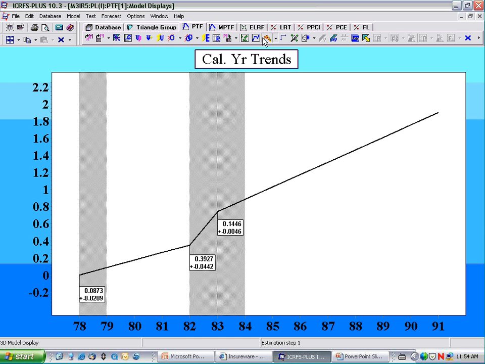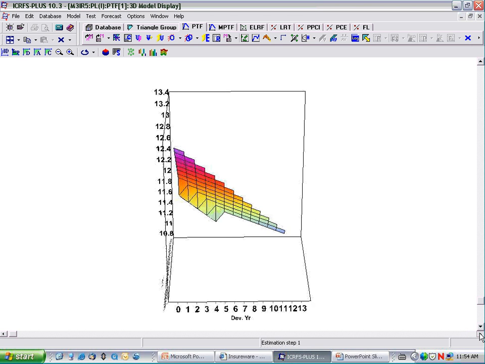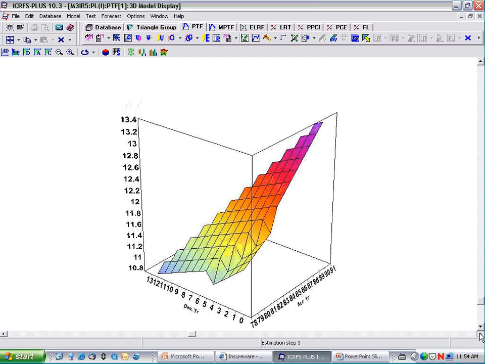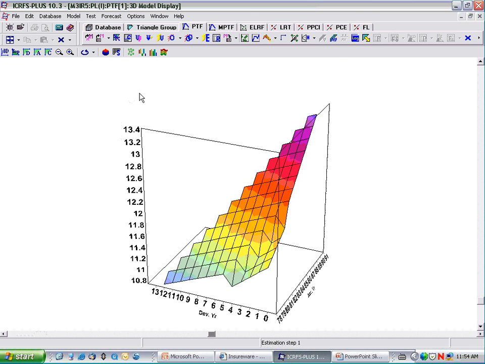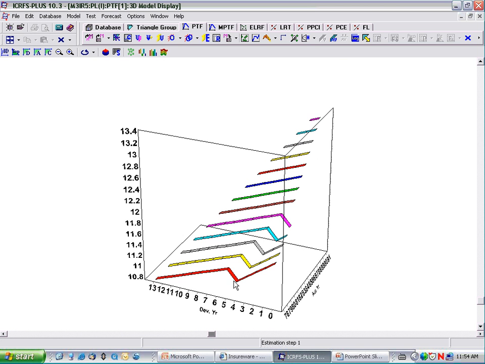The trends in the 3 directions actually look like this. And then you'll see that if you look at each accident year going down, this is the first accident year, 1978, there's a kick up of about minus 20 plus 39, it's about almost 20%. But each kick up as you go down the accident years is 1 development year earlier.